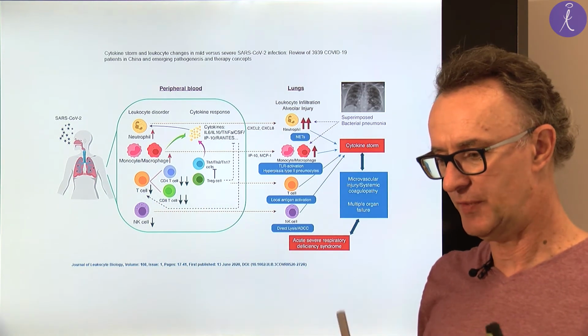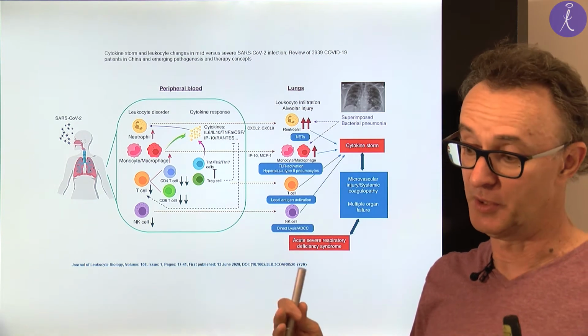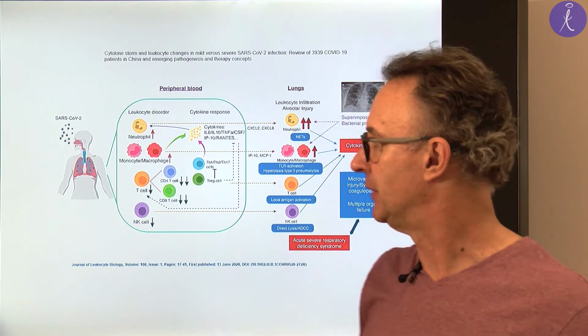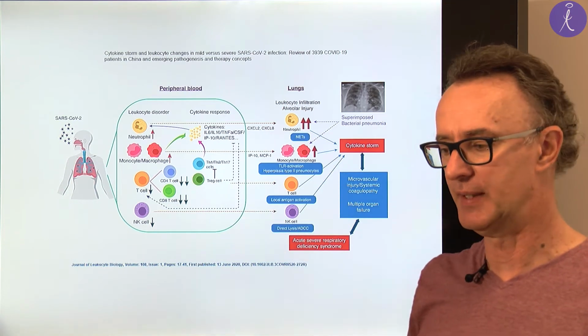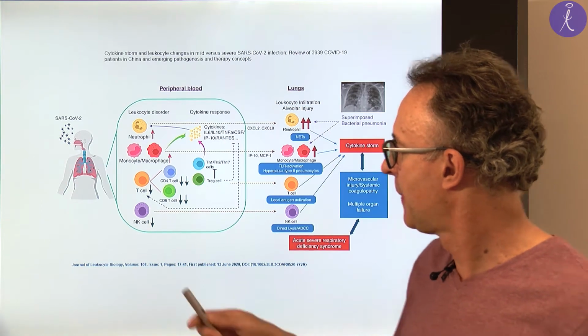So as far as I know, in the world there is only one kit produced by one firm which is able to detect the T cell. Otherwise it is based on the antibody production, which is not proper.